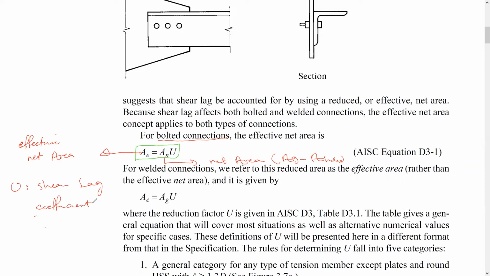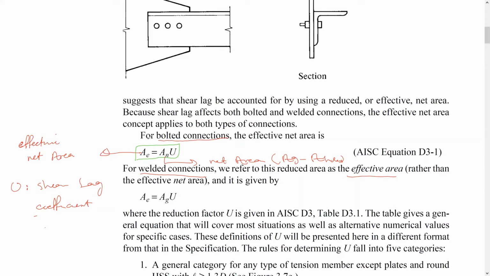Okay, and for welded, it's going to be the same here. For welded, we refer to this reduced area as the effective area rather than the effective net area. ليش طبعا هون يسموه؟ لأنه إحنا we have no holes in the welding. Okay, طبعا لو هون سميناها شباب بالbolted سميناها effective net area, it's okay, it does make sense.